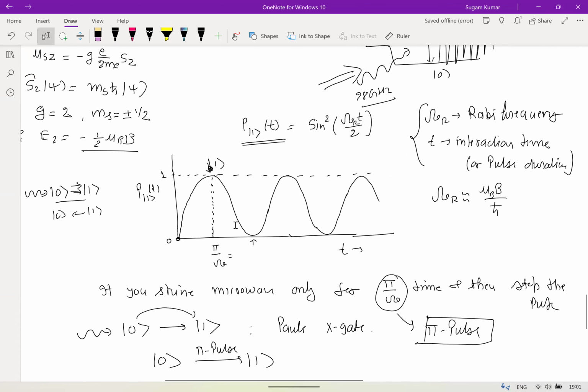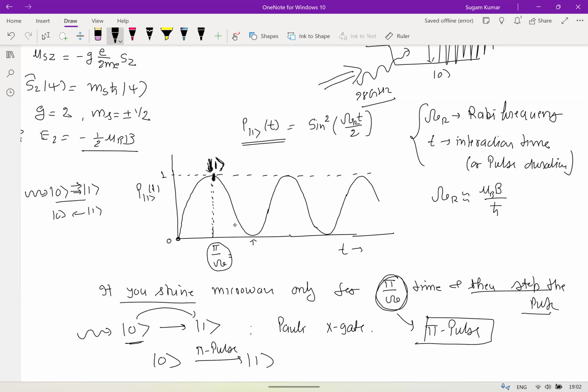Yes, I am saying that if you shine microwave only for this much time, then the probability will be maximum for the state 1 to reappear. After that, you have to stop the pulse, meaning you are not shining the photons. Then this 0 will convert into 1, and it will again become 0 if you keep shining.